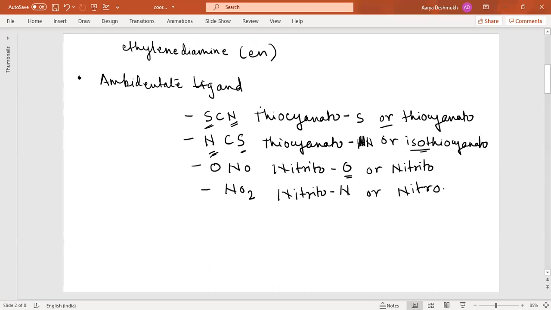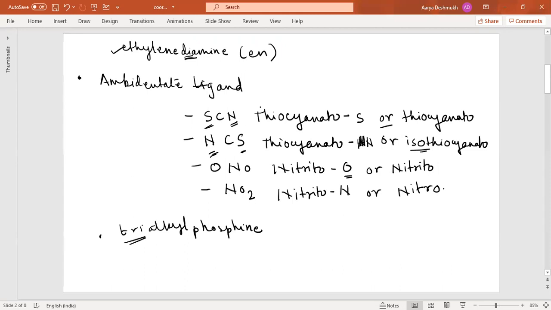Now sometimes a single molecule of the ligand contains a word like di or tri in its name, for example ethylene diamine, or trialkyl phosphine. In the case of ethylene diamine there is a di, and in the other there is a tri.